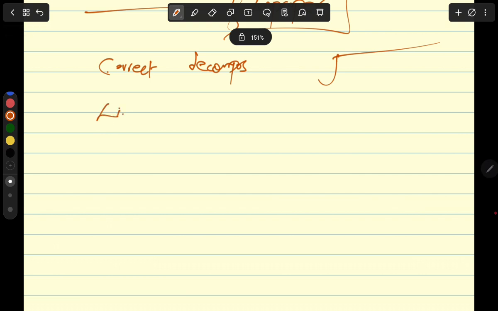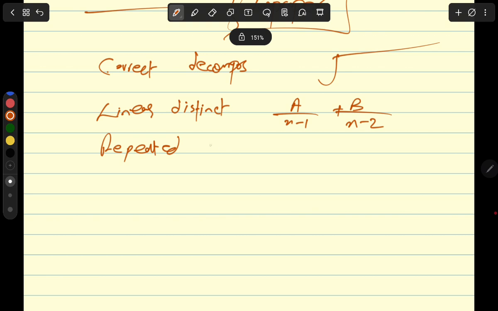We did linear distinct decomposition, we did repeated linear decomposition. So linear distinct is a upon x minus 1 plus b upon x minus 2. Repeated linear is a upon x minus 1 plus b upon x minus 1 whole square plus c upon x minus 2.